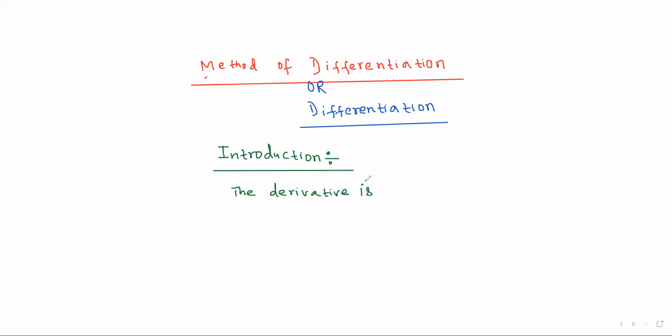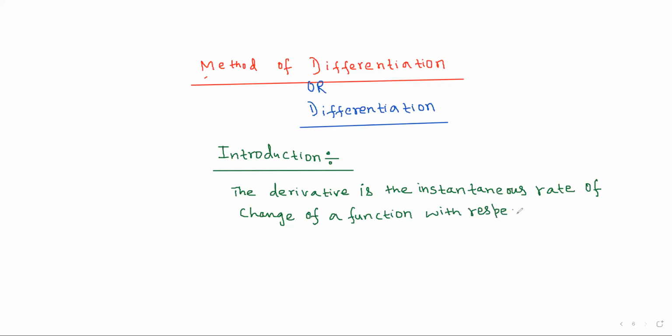The derivative is the instantaneous rate of change of a function with respect to one of its variables.